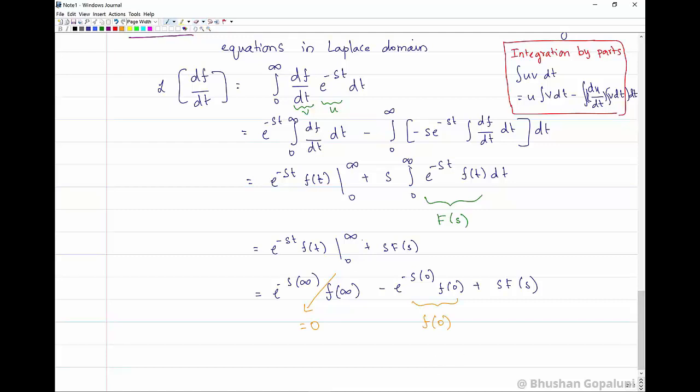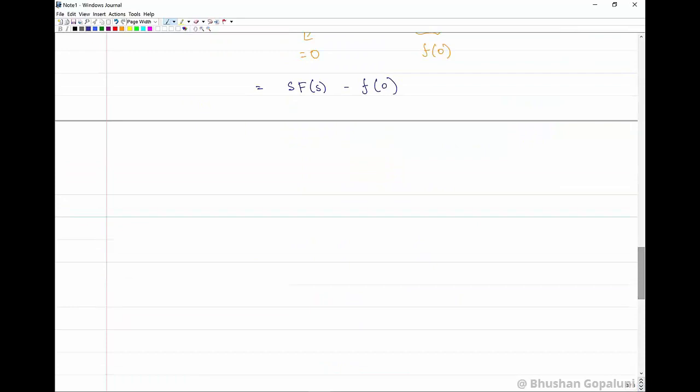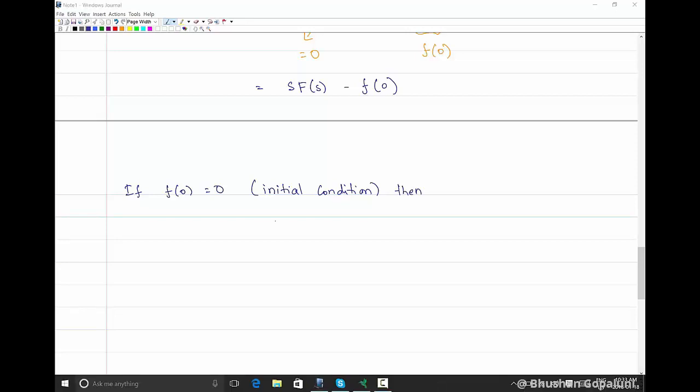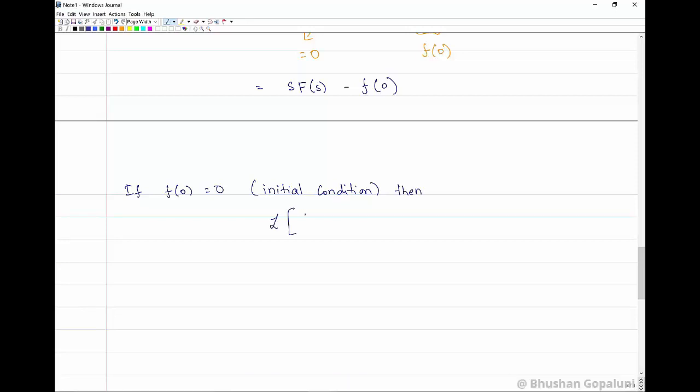So the Laplace transform of the derivative is s times F of s minus f of 0. The second f is a small f. It's the initial value of the function. And it turns out that if the initial value of the function is 0, then the Laplace transform of the derivative is simply s times F of s. In other words, Laplace transform of the first derivative is a polynomial in s of order 1.